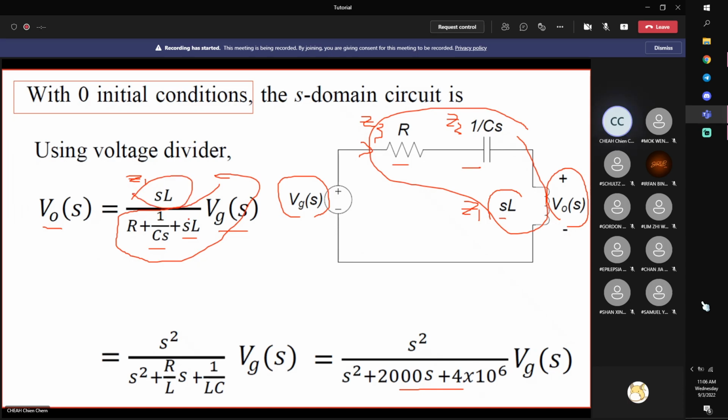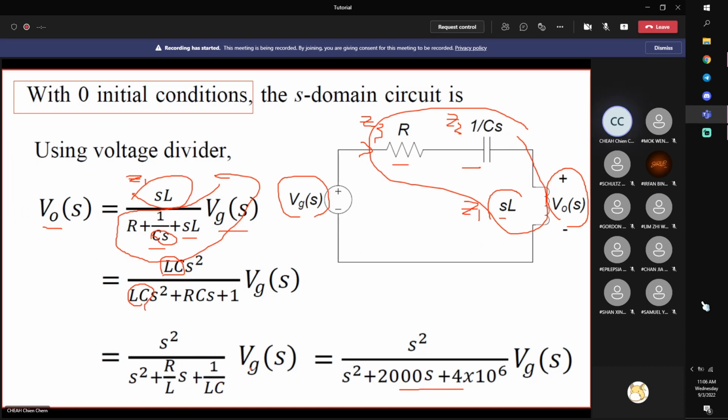So this gives me the transfer function directly, simply by the voltage division law. Then I can proceed to simplify it to this transfer function. First I get rid of this by multiplying by CS. Then I normalize it by dividing by LC. I'll get this.